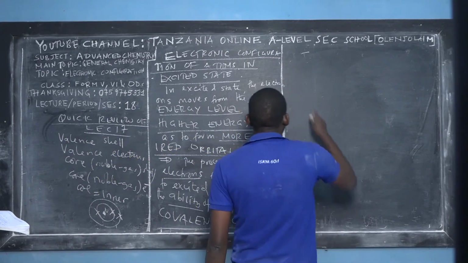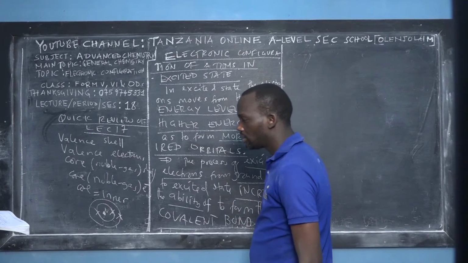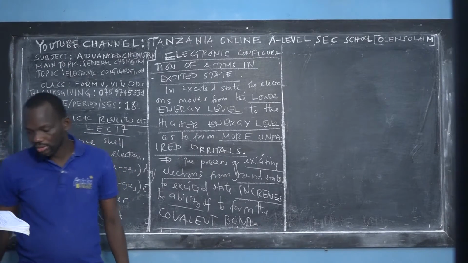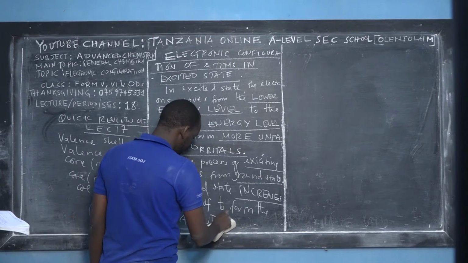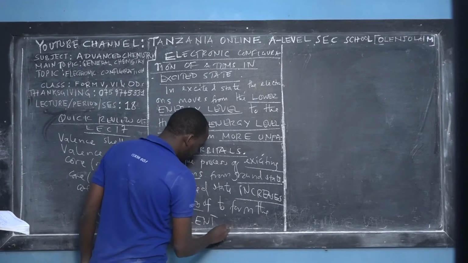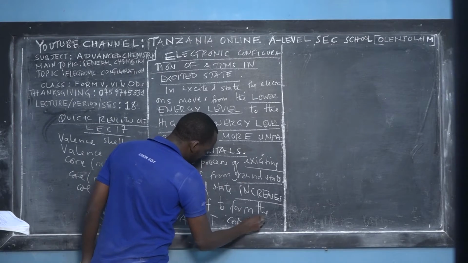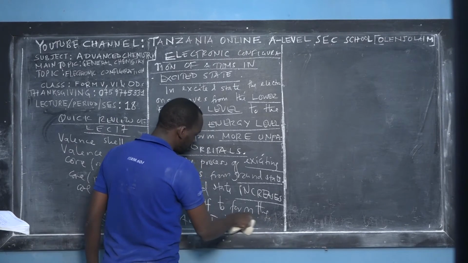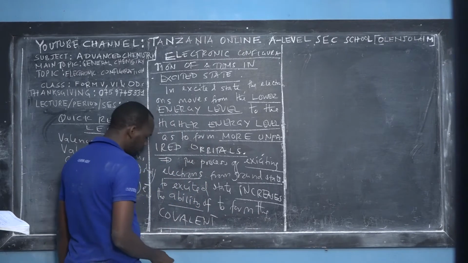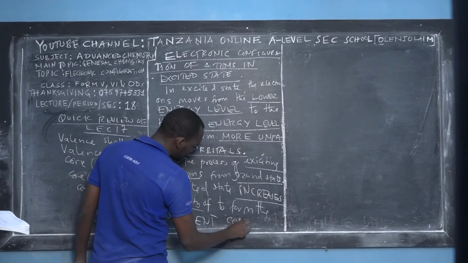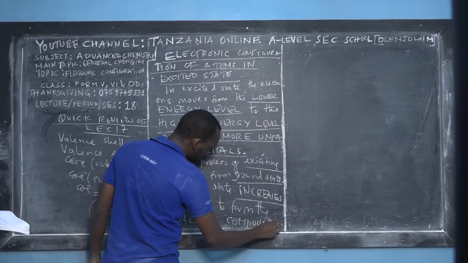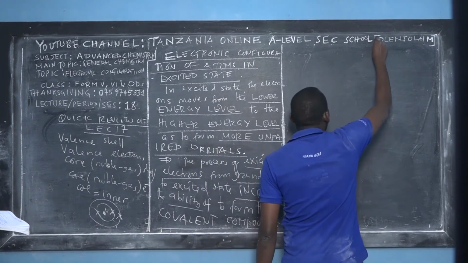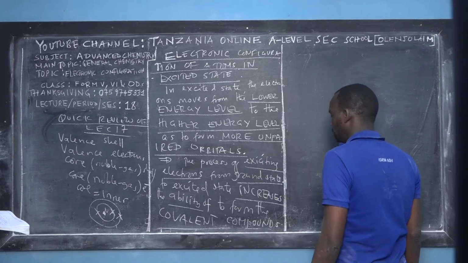It increases the tendency of atoms to form covalent compounds through covalent bond formation. We start these compounds, and this type of bond, in the topic that we call chemical bonding, which is next after this atomic structure.